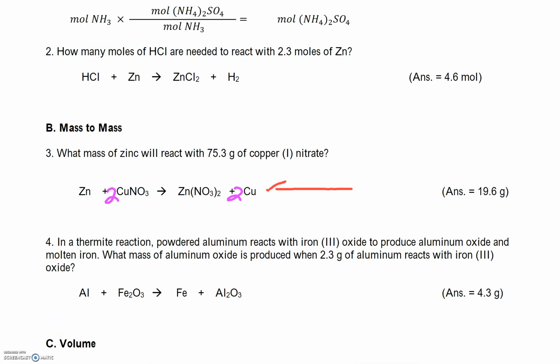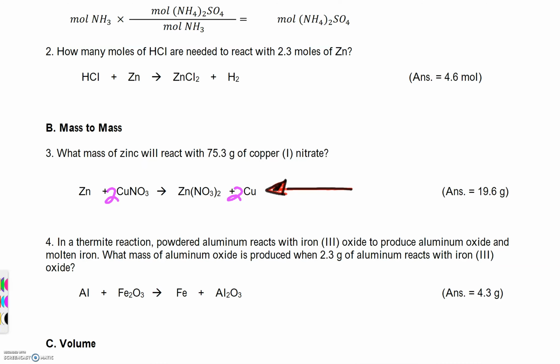So the first step we did was we balanced our reaction, because if it's not balanced, it's not going to work for you. Okay, second step is we're going to read the problem and we're going to put some numbers down. So it says, what mass of zinc? They are asking us to find zinc, and they're asking us to find that in grams, because they said mass.